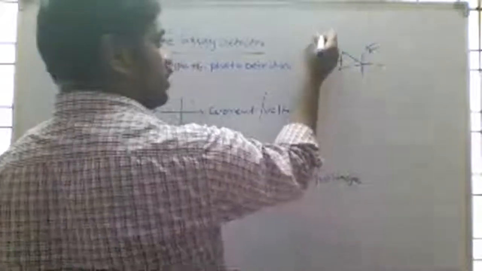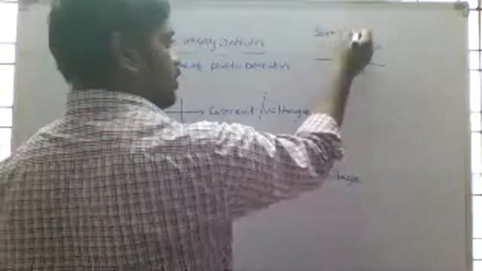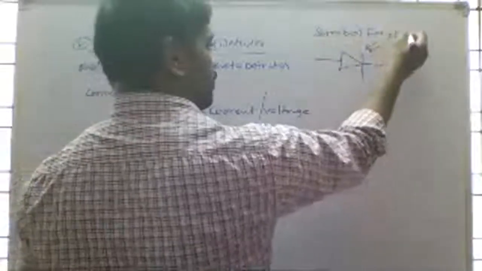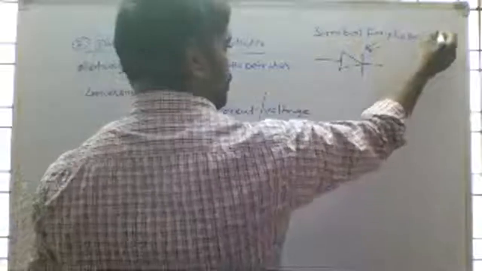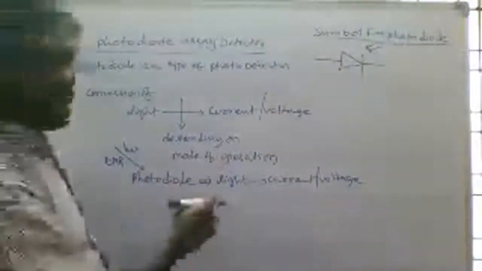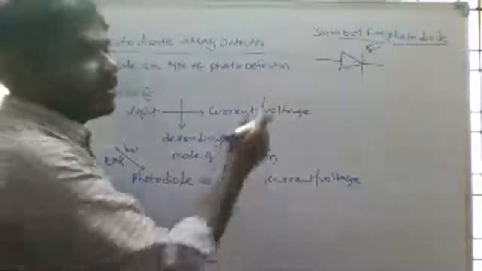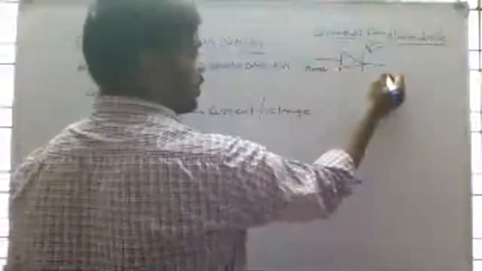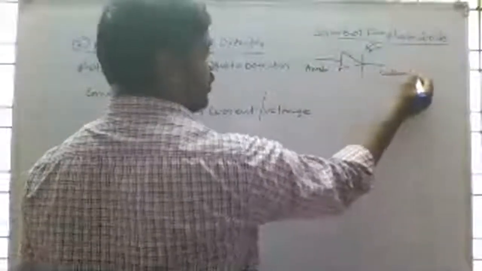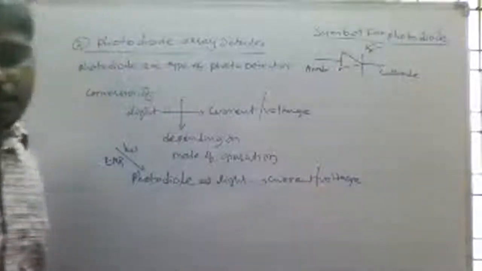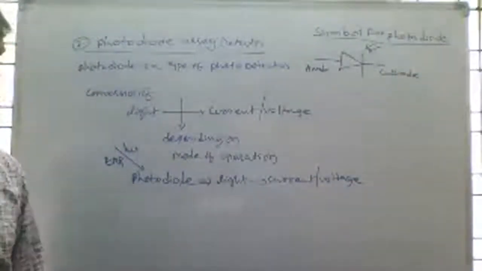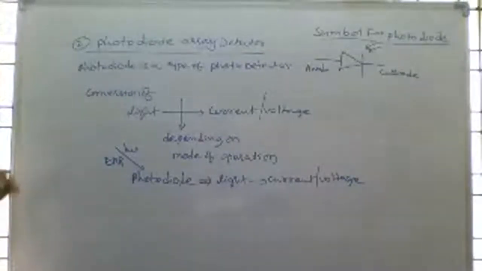Here, this is an anode and this is a cathode. So this is the symbol for the photodiode.